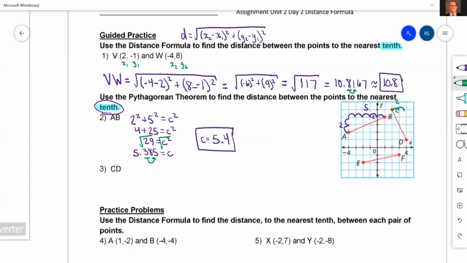How much did I go down? 1, 2, 3, 4. 4 down. So I'm going to say 2 squared plus 4 squared equals C squared.